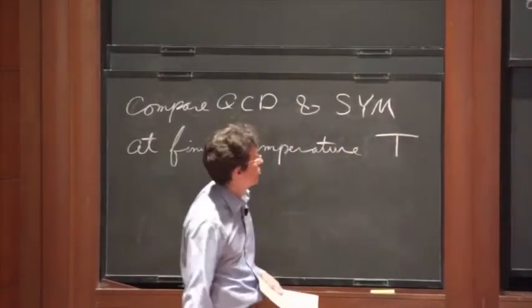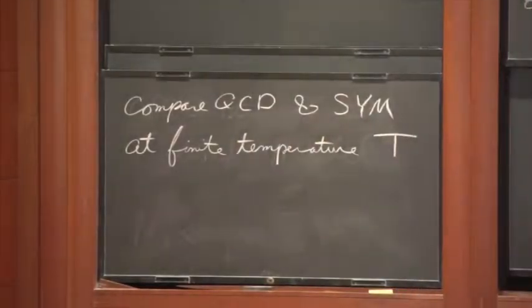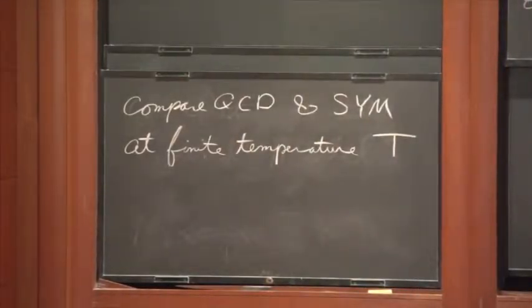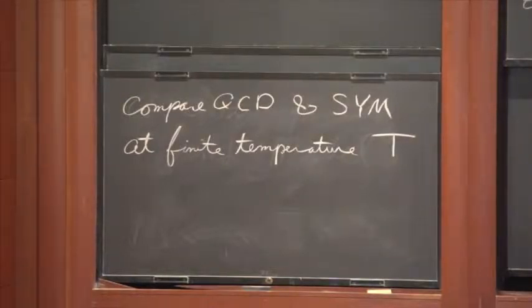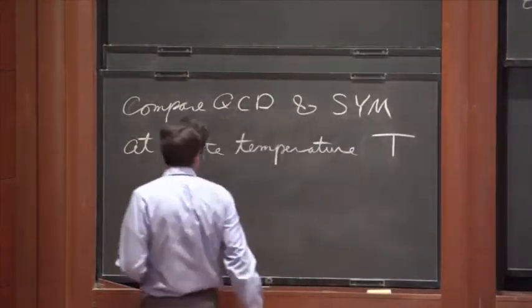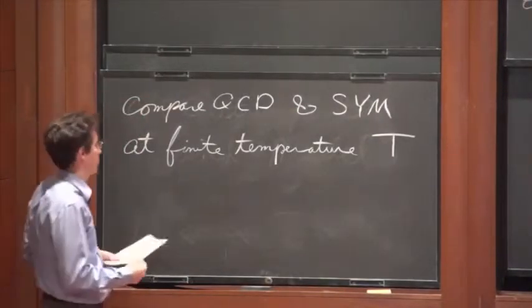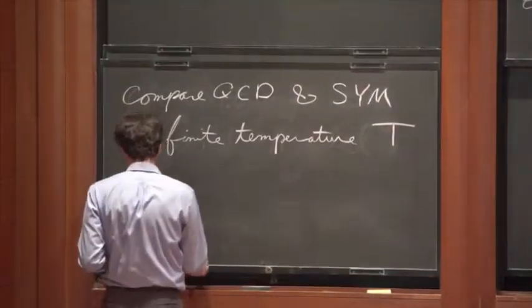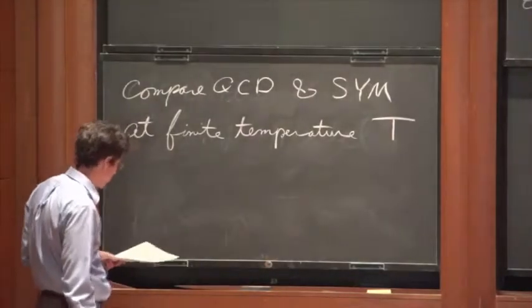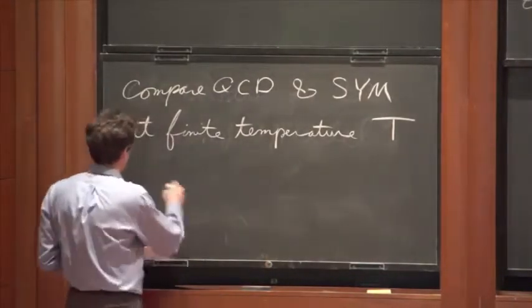Sorry about having used T previously to indicate the extent of Euclidean time. I'm now going to use it only for temperature here. So what is the best way to make this comparison for Wilson loops? Let me advocate the following.